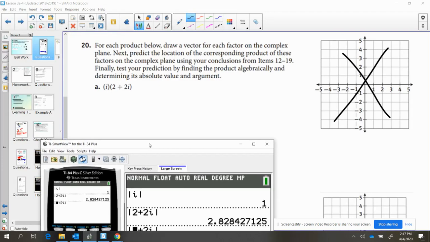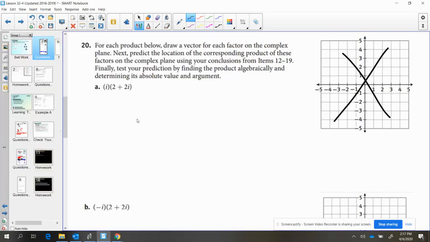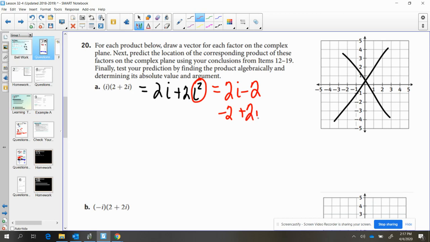Now, on the side note, if we were to multiply these, if we distributed the i through, we would have 2i plus 2i squared, and we talked a lot about how i squared is really negative 1, so this is actually 2i minus 2, or if we write this in a plus bi form, negative 2 plus 2i.